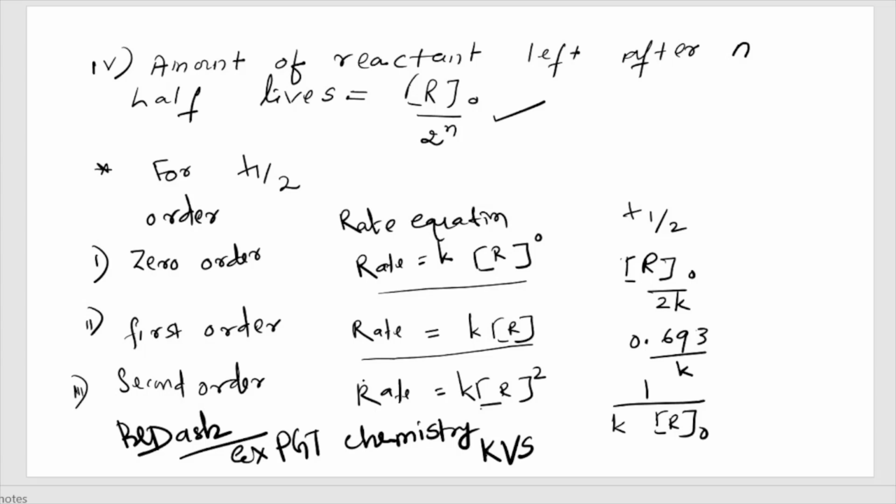Similarly, for second order, the rate is K times the molar concentration of the reactant to the power 2. Again see, for zero order the rate equals K R to the power 0, for first order K R to the power 1, and for second order K R to the power 2. So when you come to T half, this is the value for zero order, first order, then second order.